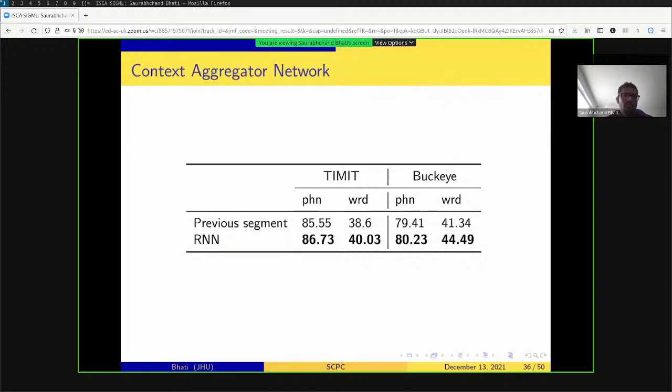And this is another ablation study that we did to see how changing the context network affects the final performance. If you remember, at frame level, we are just trying to predict from the previous frame instead of a context network. And at segment level, we're trying to predict from a GRU or an RNN. We wanted to see how much performance will degrade if, instead of a GRU or an RNN, we just try to predict the next segment from the previous segment.